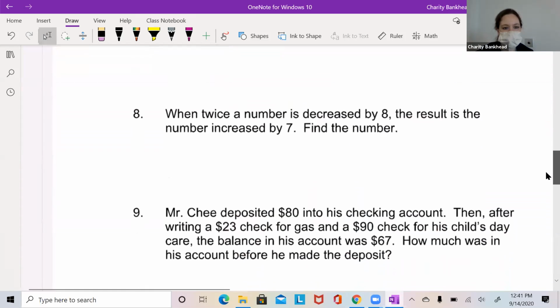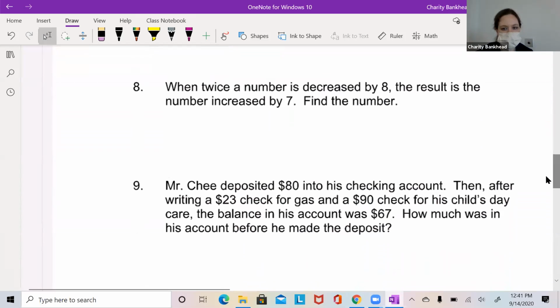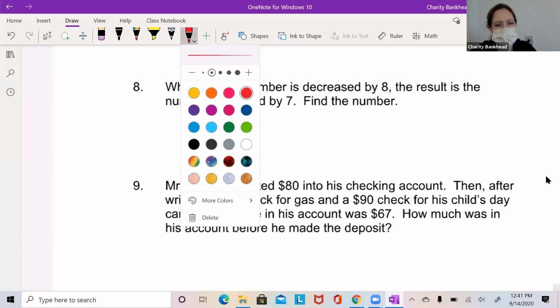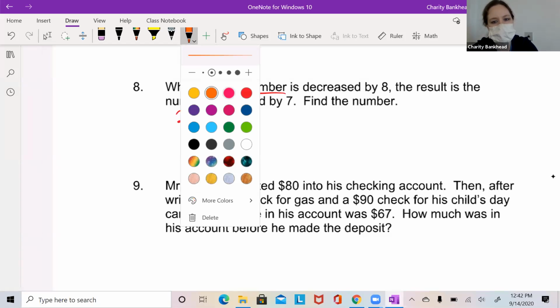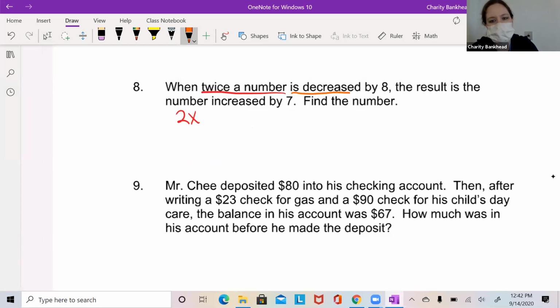Number 8. When twice a number is decreased by 8, the result is the number increased by 7. Okay, so twice a number, that's 2x, is decreased by 8. So that would be -8.